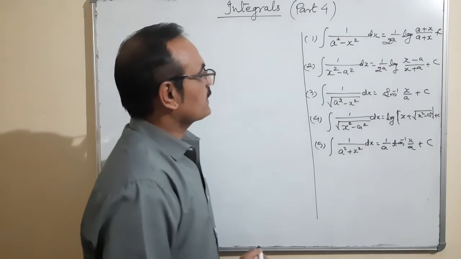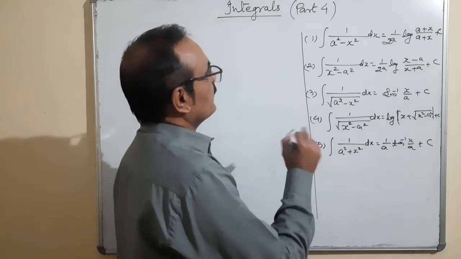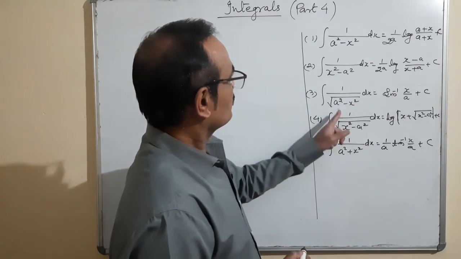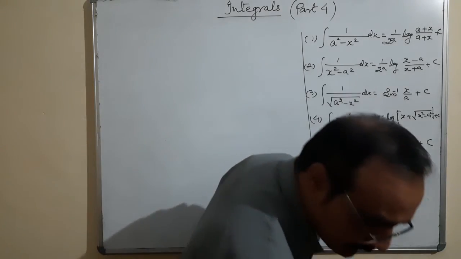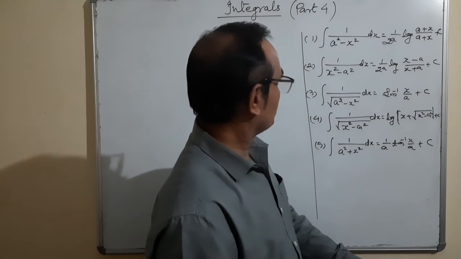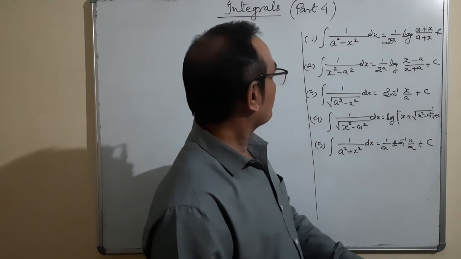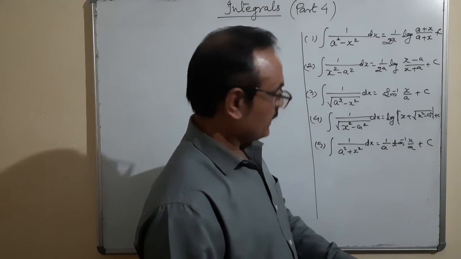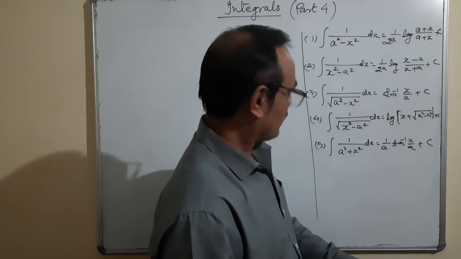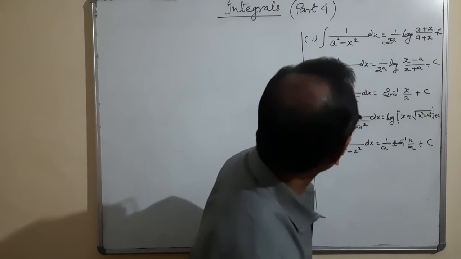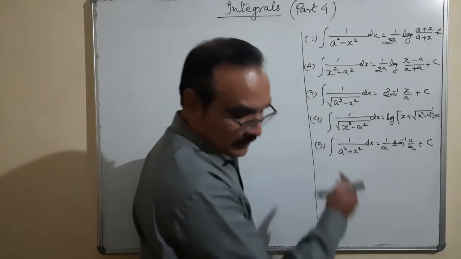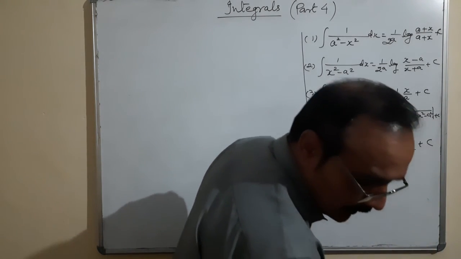These are the 5 forms: a square minus x square, x square minus a square, x square plus a square, and the ones under root, with x square plus a square in under root. This is like 4, and one is the 6th.